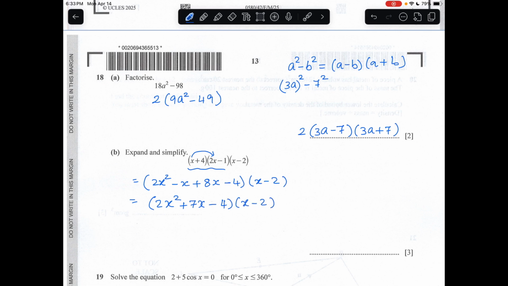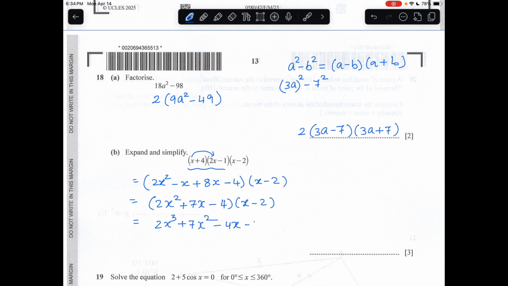Now I multiply by each of these terms. I'm going to be multiplying by x over here. So this gives me 2x cubed plus 7x squared minus 4x. And then now I'm going to multiply by negative 2. Remember, it's a negative 2, so be careful with the signs.